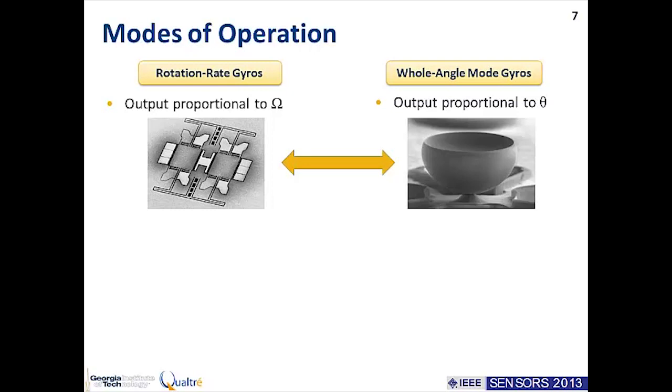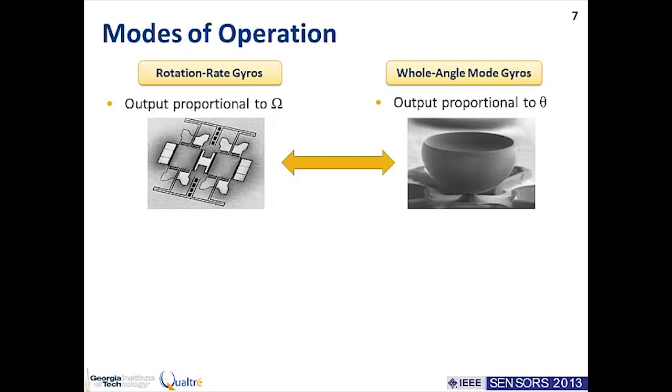But that doesn't mean that we can't use a tuning fork gyroscope in the whole angle mode option, or that we can't operate a shell type gyro as a rotation rate sensor. The reason I say this is the typical structure that we use in this particular type of operation is because each one of these has certain advantages that will become a little bit more clear as we continue this talk.